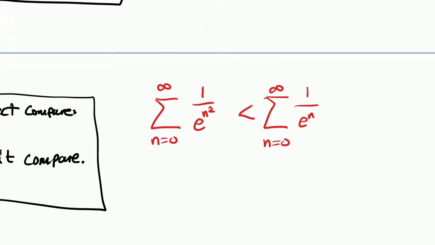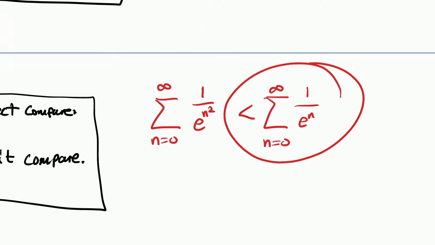Because you know the drill, if you have a bigger denominator, as long as n is bigger than 1, e to the n squared is way bigger than e to the n. And so that will be a bigger denominator, which means it's a smaller sum. And so this one is geometric, and that converges.